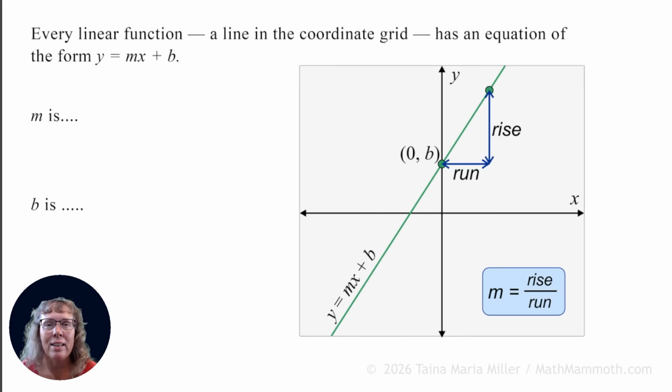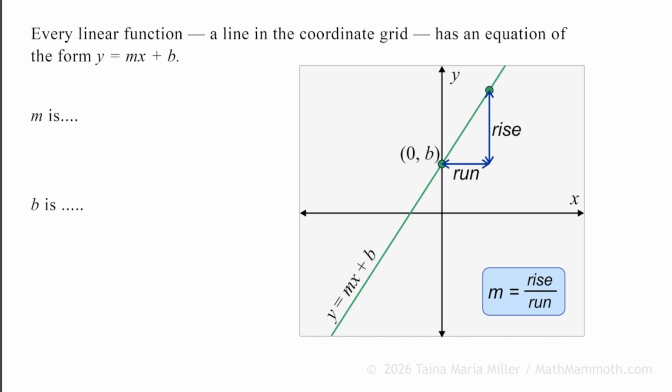We have studied the m is the slope, or the rate of change. We have studied the b also when we studied linear functions. It was the initial value, but in the context of graphing, we have a new name for it. Here is an example line, y equals mx plus b, and I have noted here the run and the rise between 2 points on the line, and that's where the slope comes from.